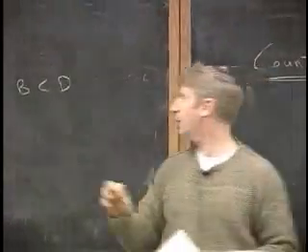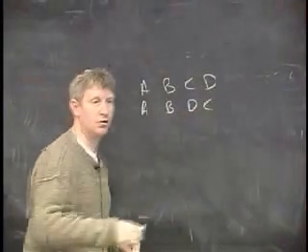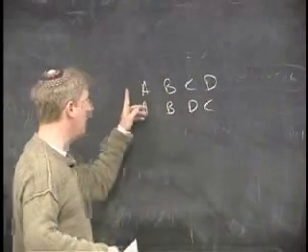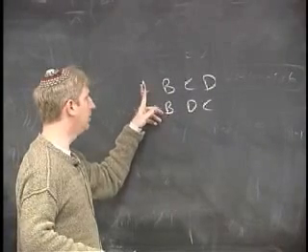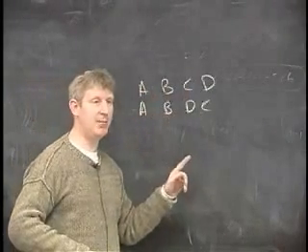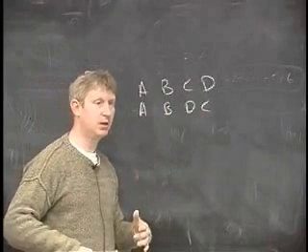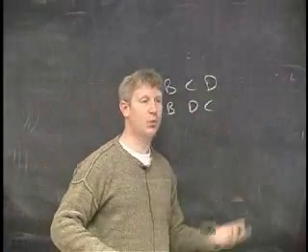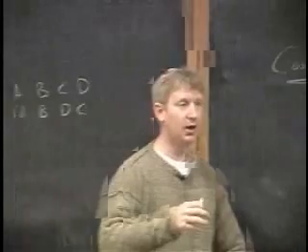But if I don't care about what order they're in, if I want to count, for example, A, B, D, C as the same group, but I counted them separately, then the question is how many things are counted as A, B, C, D? How many of them are equivalent to this one that were actually counted separately? It's all the ones that have A, B, C, D in them in some different order. And how many different ways are there of counting A, B, C, D in a different order? It's 4 people.